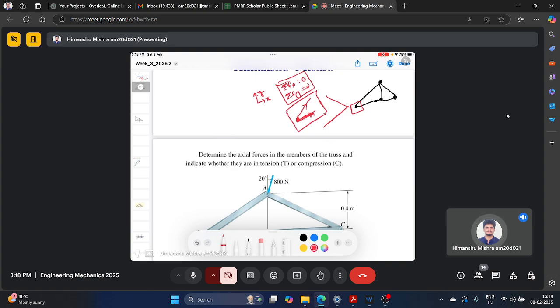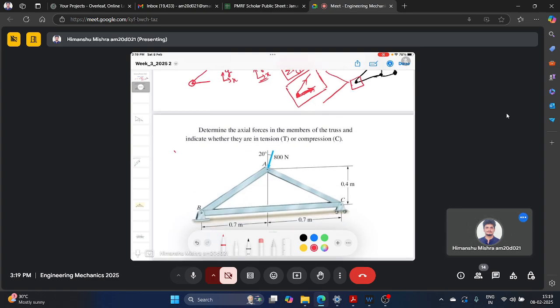Now when you're deciding the coordinate system, you can decide a different coordinate system for different joints also. For example, in most of the cases, let's say you have a joint like this. This is your joint. So here you can decide the Cartesian coordinate system as x and y. But sometimes you will get a truss like this.